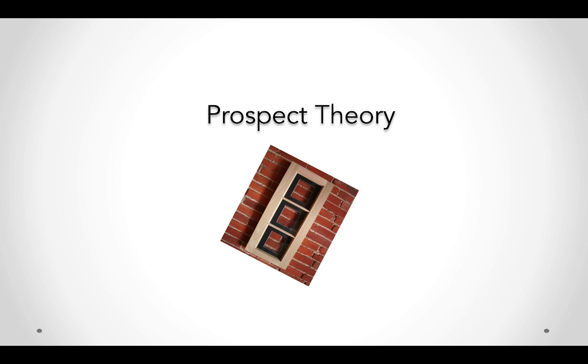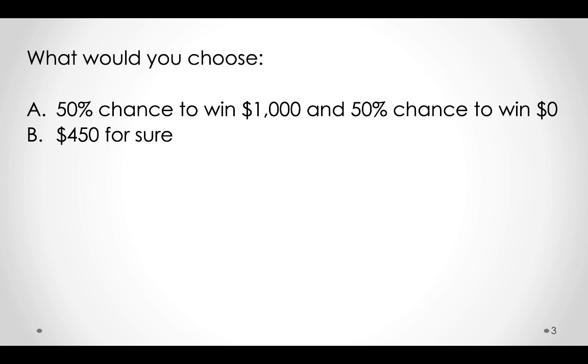So let's take a look at this Nobel Prize winning theory. I'm going to ask you, what would you choose in this gamble that you see? Gamble A: 50% chance to win $1,000 and 50% chance to win zero. Or B: $450 for sure.